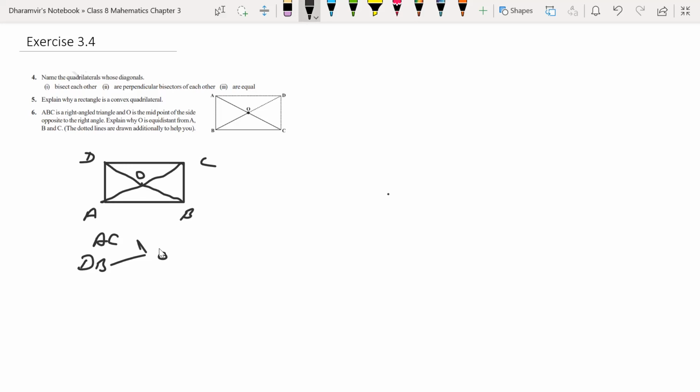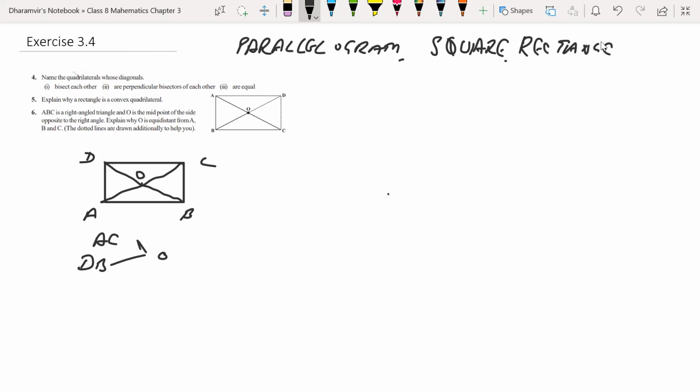There may be square, parallelogram, square, rectangle, and rhombus.